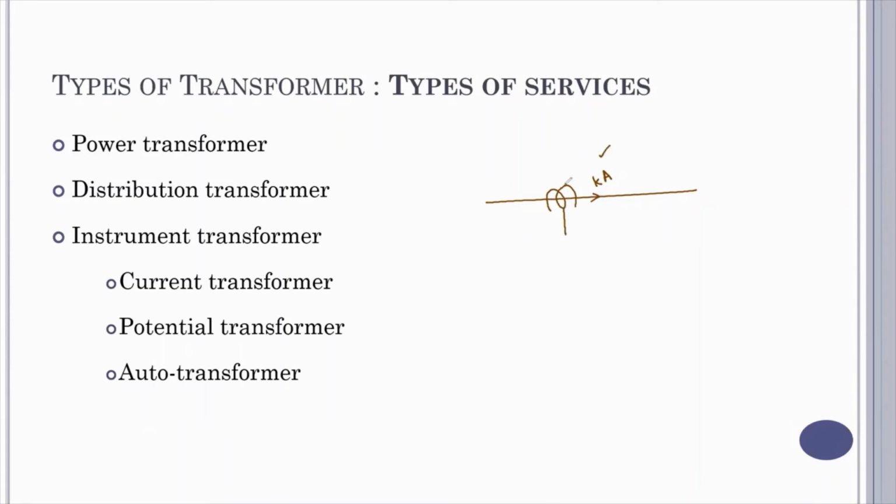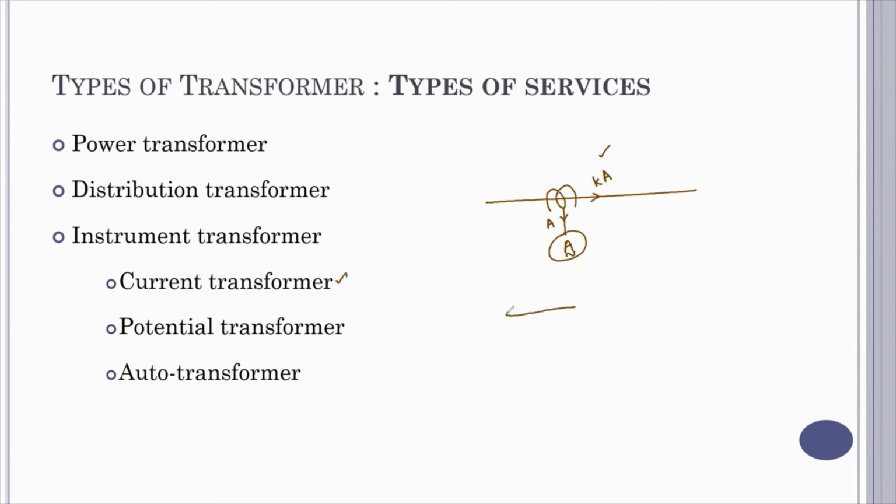And hence, we use a current transformer to step down the value of current. So after we step down the value of current from the kiloampere range to amperes, we could use an ordinary ammeter to measure the value of current. So we could use an instrument transformer in order to step down the value of current. So that's a current transformer.